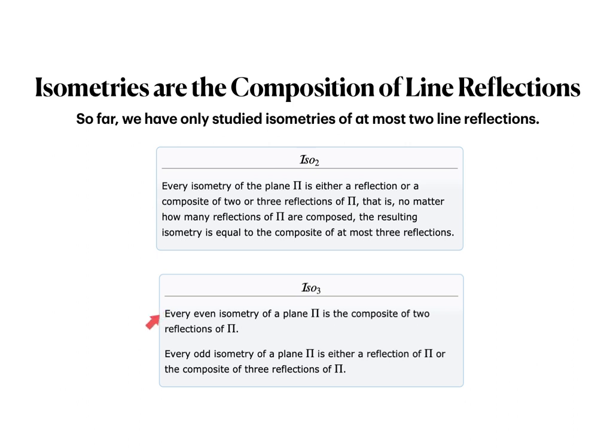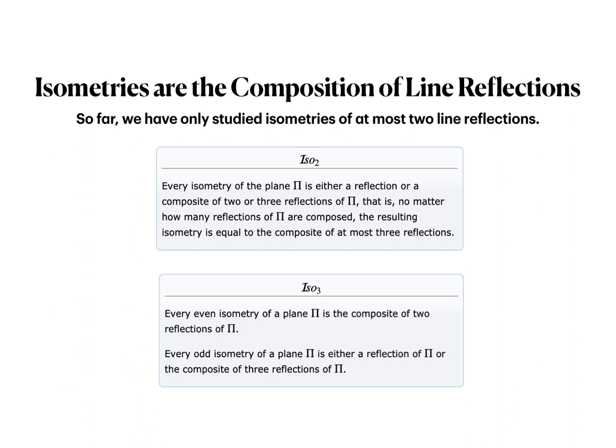ISO 3 says every even isometry of the plane is the composite of 2 reflections of pi. So, in other words, if it's even, I can always find exactly 2 lines to reflect over that would create the desired movement. If it's odd, it's either just 1 reflection or it's the composite of 3 reflections. And because of this, it's going to break down quite nicely.